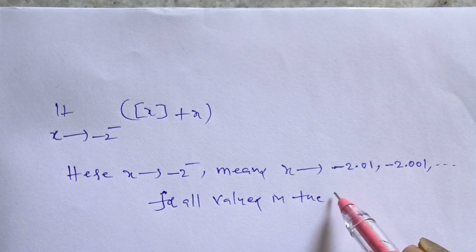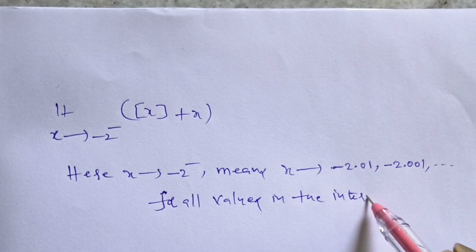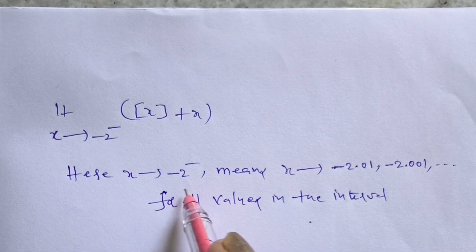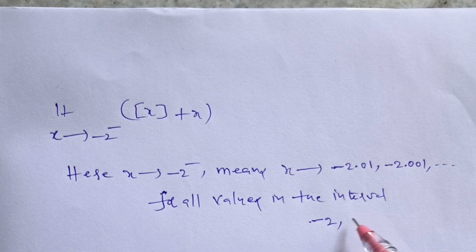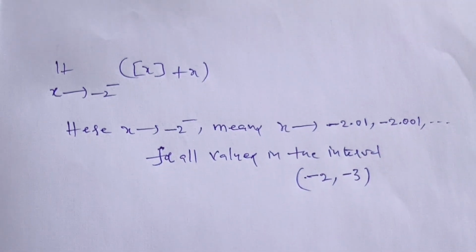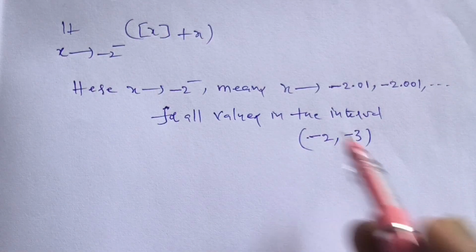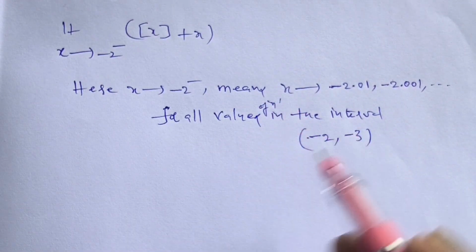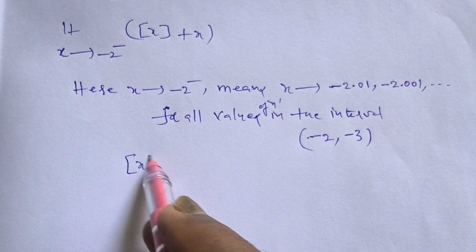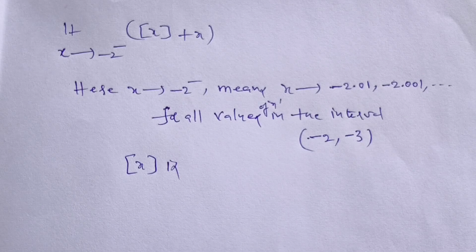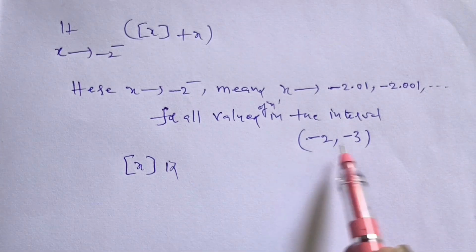For all values here, what is the integral part of these values? It is the greatest integer which is less than or equal to the given values.